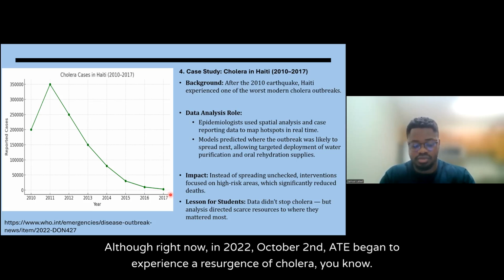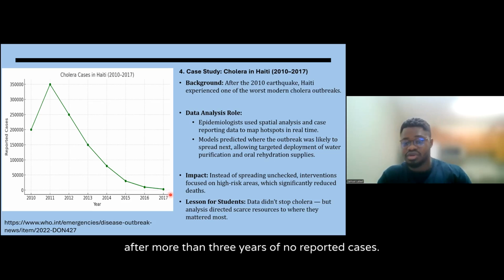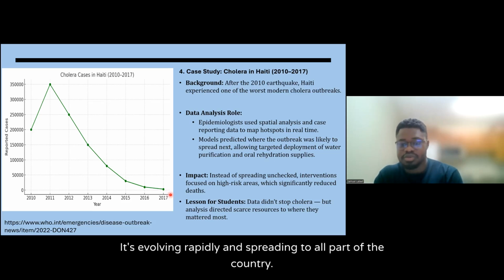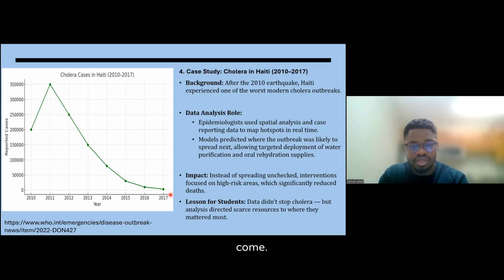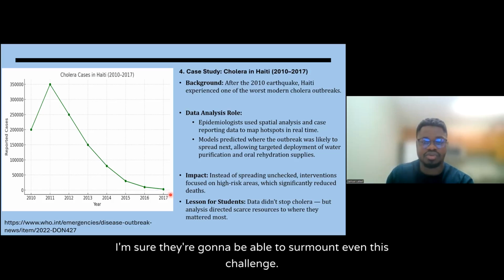Although right now, on October 2nd, 2022, Haiti began to experience a resurgence of cholera after more than 3 years of no reported cases. It's evolving rapidly and spreading to all parts of the country. But if it's been done before, it can be done again with data and proper analysis and preparation for what's going to come. I'm sure they're going to be able to surmount even this challenge.